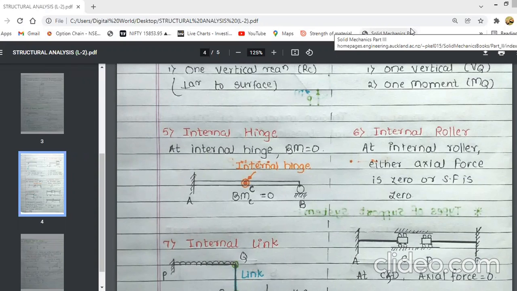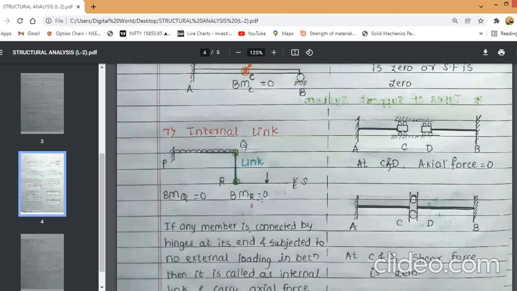Here, in this case, the axial force at C and D is zero, while in the second case, the shear force at C and D is zero.